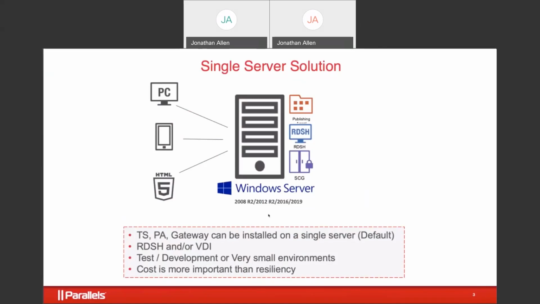Okay, so now I want to connect to VDI. That's not a problem. You can also use this single install to connect to a VDI infrastructure. We have customers with up to 30 concurrent users, with or without VDI, using this approach.